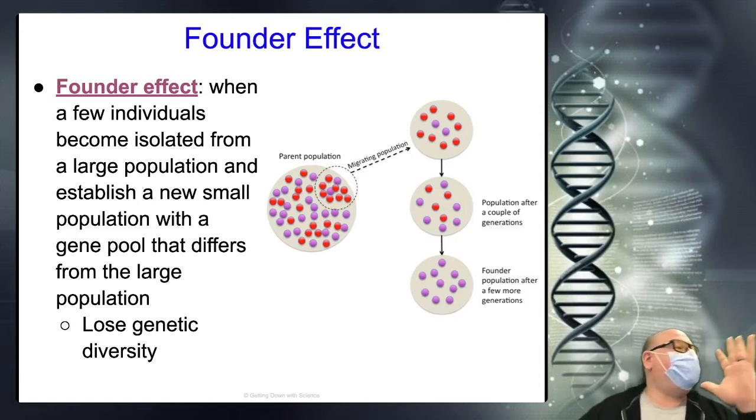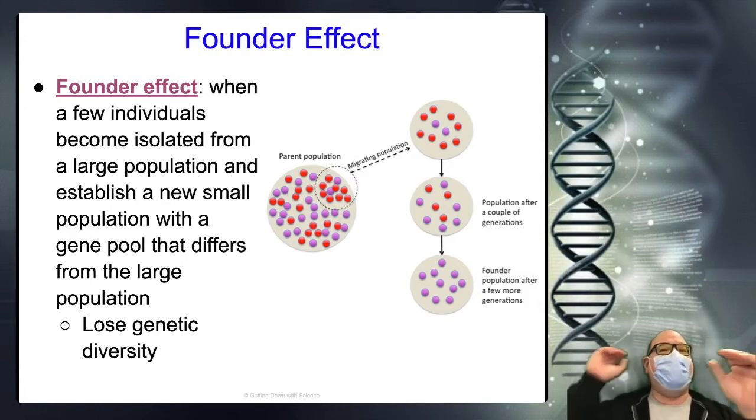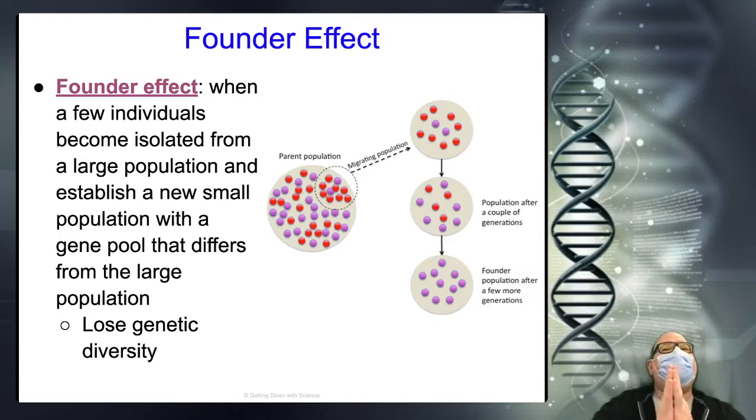You'll see a founder effect. So founder effects involve migration. They involve movement, or any kind of cut off from the original population, okay? The big deal with founder effects is you're starting with a smaller amount. A large population goes to a small population by being isolated, okay?